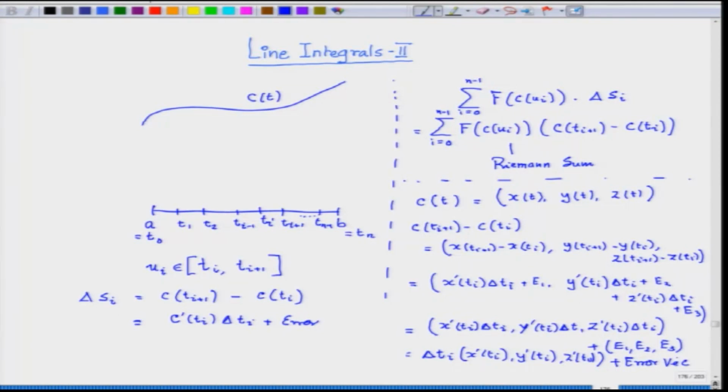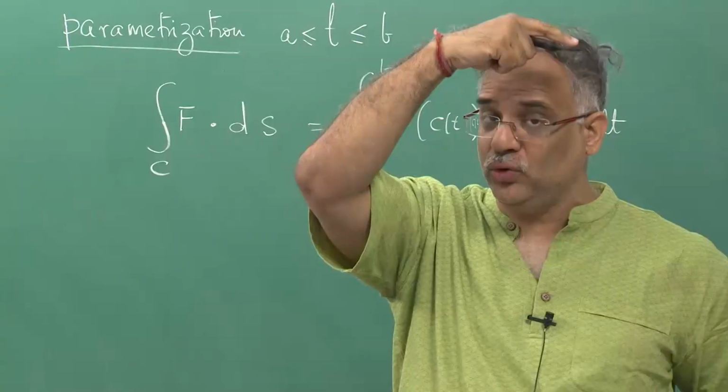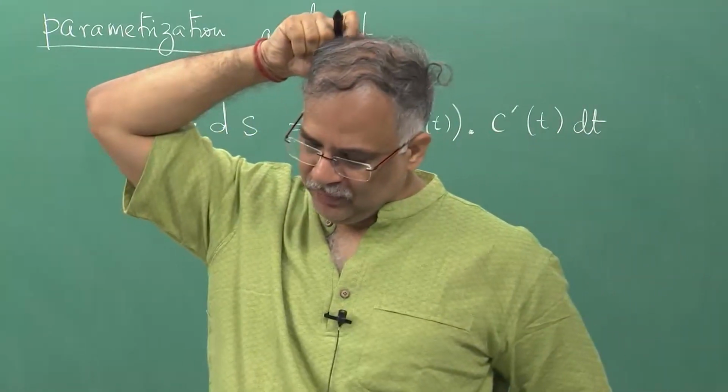So, what is this? x dash Ti, y dash Ti, z dash Ti, this thing is nothing but C dash Ti. Sorry for the use of the word damn, it comes out of excitement, it is no hard feeling to anyone. So, here what you have done, you have expressed this difference in terms of the derivative C dash Ti. That is why the derivative actually appears in the first place.